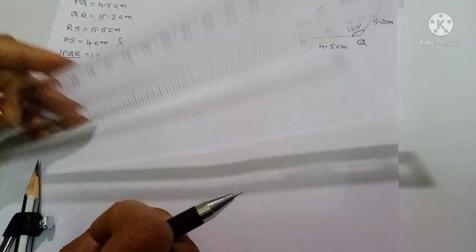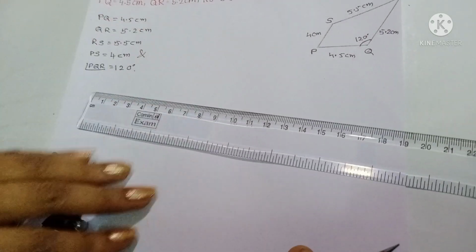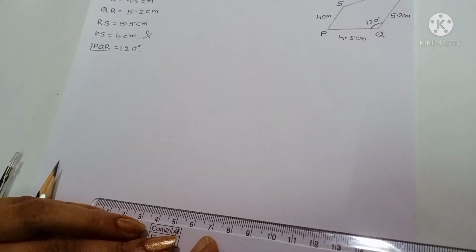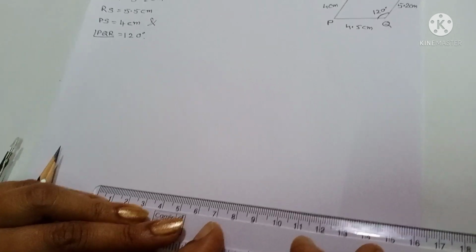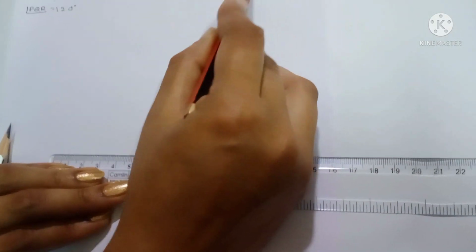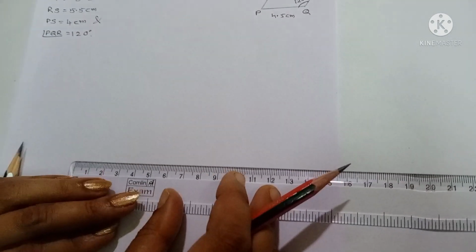Take scale and pencil. Draw a line segment PQ equal to 4.5 centimeters.